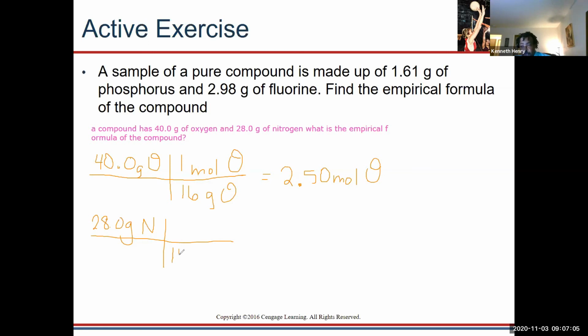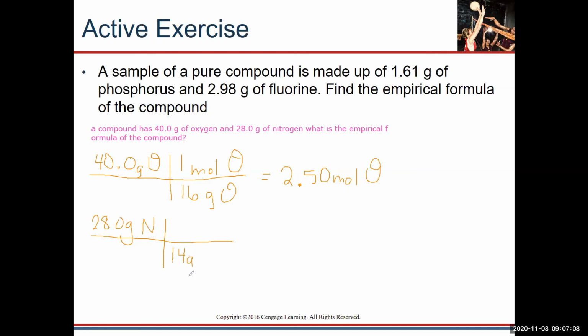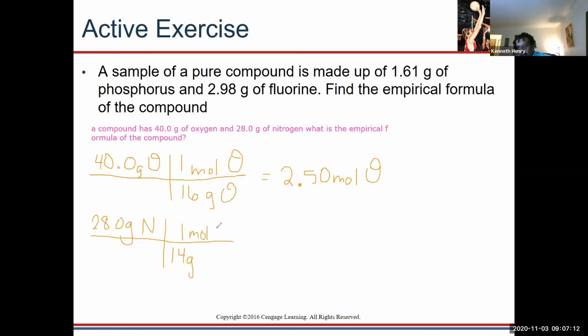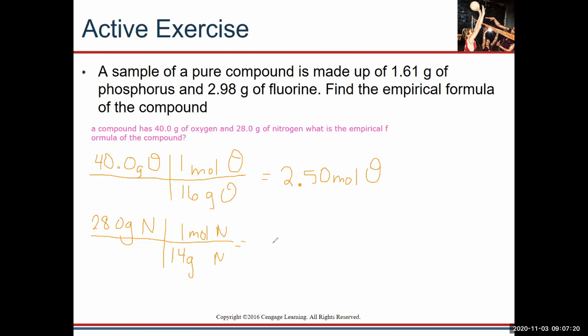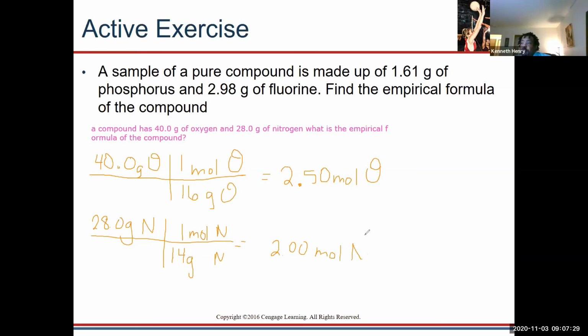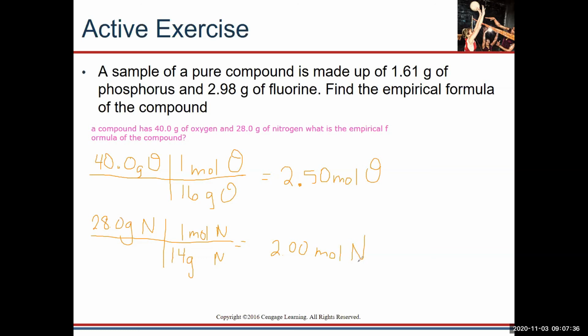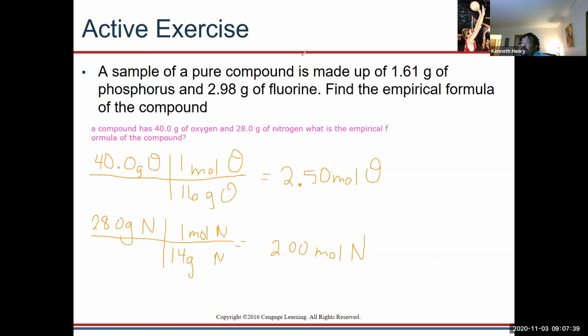So I'm going to divide by the molar mass, 1 mole over 14 grams. What is that going to equal? 2.00 moles. Which one is the smallest? Nitrogen. So we divide both of them by nitrogen.